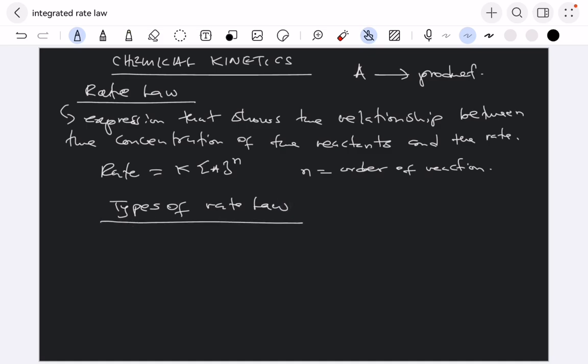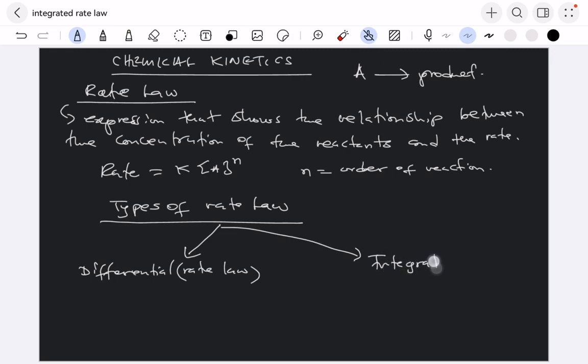Under rate law, we have two types. The first type is known as the differential rate law, which is commonly known as the rate law. Then the other one is known as the integrated rate law. Now, what is the difference?